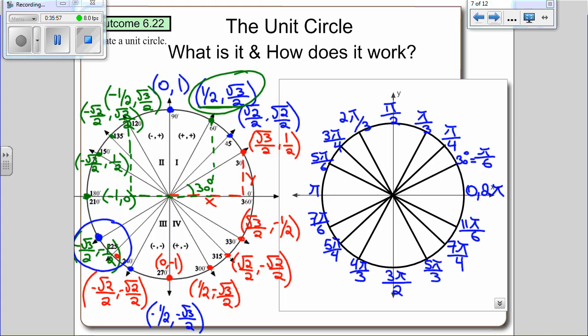So 210 degrees would go from here all the way to here.